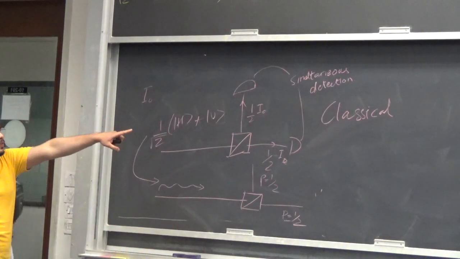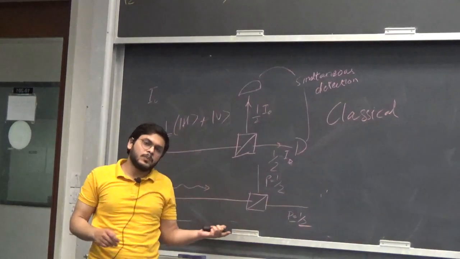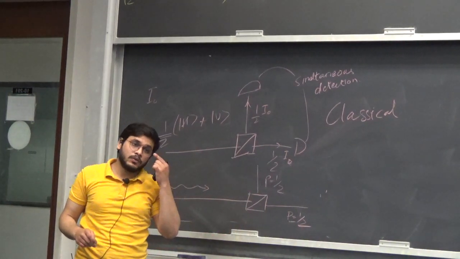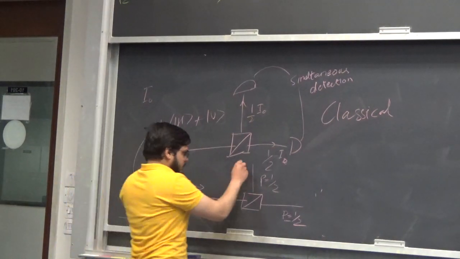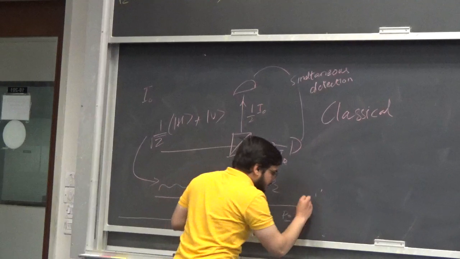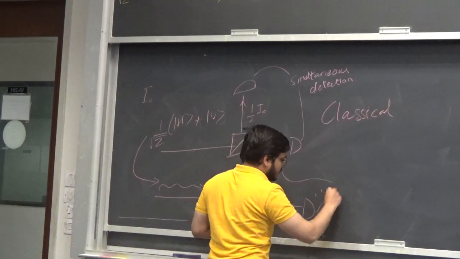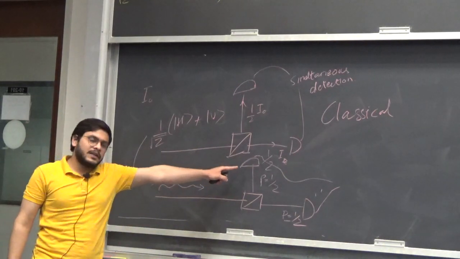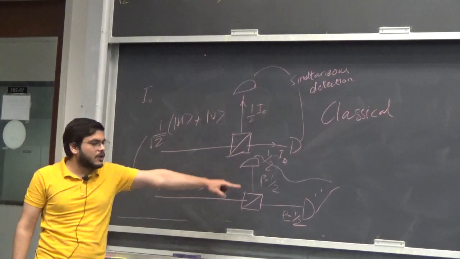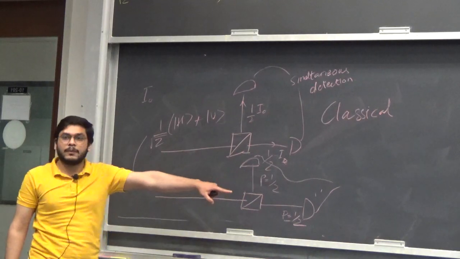And in that case, we'll have detections. But we know that for quantum particles, that particle can take only one of the two paths, right? So this detection here can either be on this channel, the reflected one, or the transmitted one. It can never happen at the two detectors simultaneously.